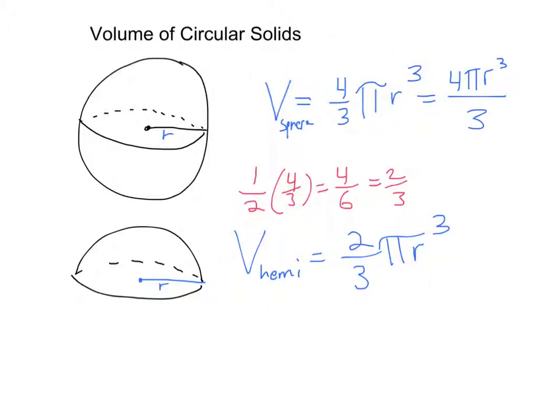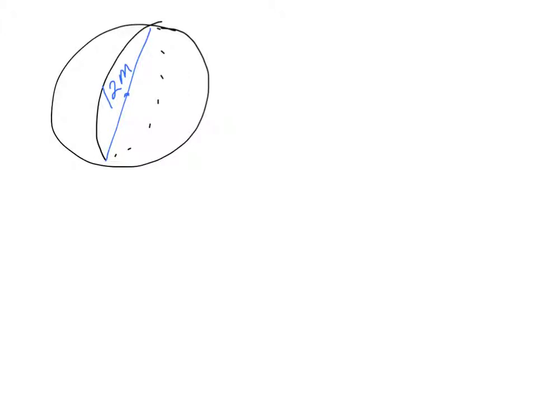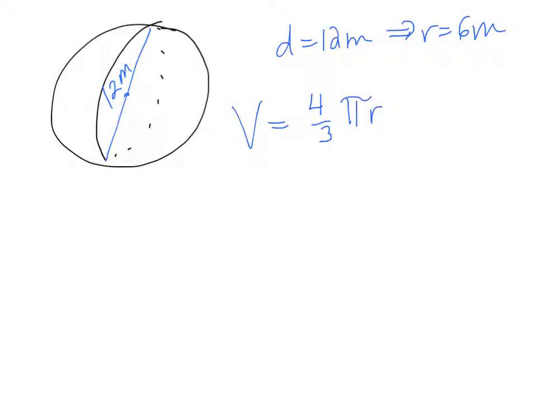Alright, cool. So now in this example we're going to find the volume of this sphere. Now keep in mind I was annoying and I gave you that the diameter is 12 meters. So it's important for you to realize that that means that the radius is 6 meters. So we're going to find the volume. It always helps to write down the formula that you need to get started.